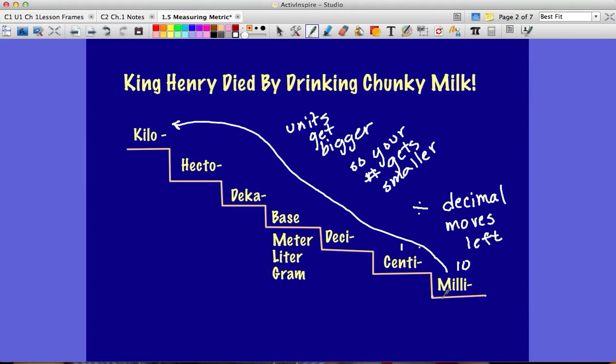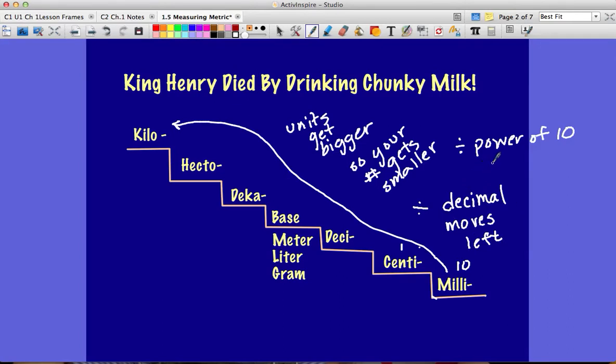And because your number is getting smaller, you're actually using division to go from one step to the other. And we're actually dividing by a base of 10 or a power of 10. That's why moving the decimal works.